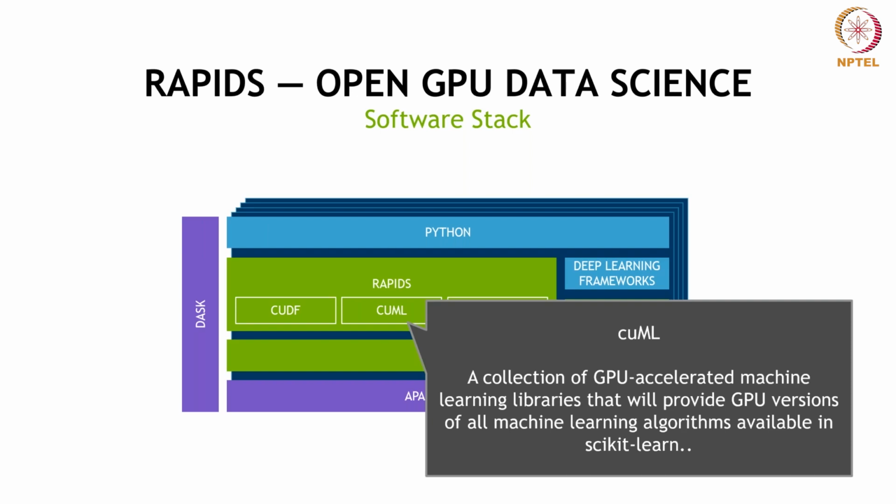Once you are done with the data manipulation, that's where you move towards the next one, which is cuML. cuML, as the name says, is CUDA accelerated machine learning. It is a collection of GPU accelerated machine learning libraries. And it provides the equivalent of something called sklearn or scikit-learn, which is very popular, and almost all the data scientists or everyone who is working on machine learning uses sklearn. So sklearn is a CPU equivalent, while if you want to accelerate and run on the GPU, it is provided by Rapids in the form of a package called cuML.